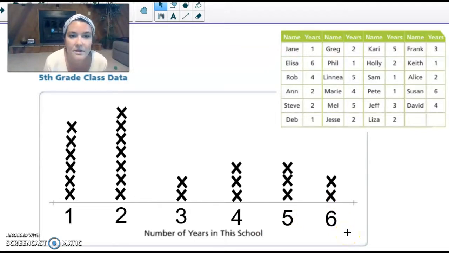So where are there a lot of data? I agree. A lot of data is at the beginning of the line plot. There's several students that have only been in the school 1 or 2 years. Okay, where are there few data?